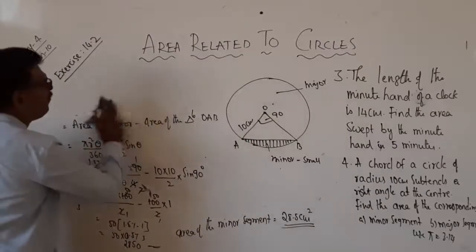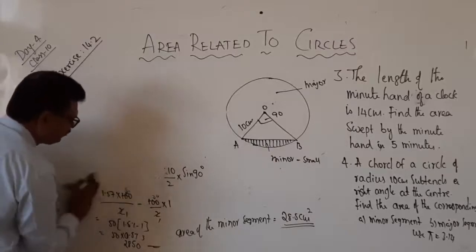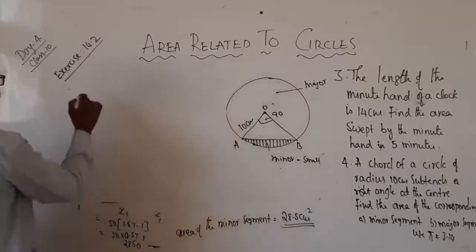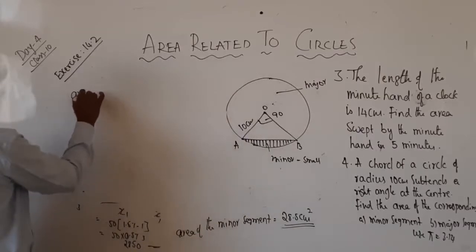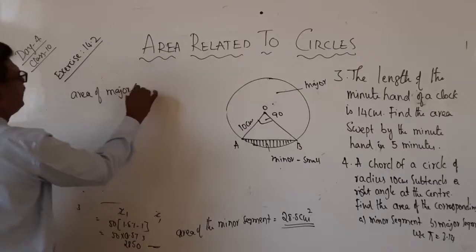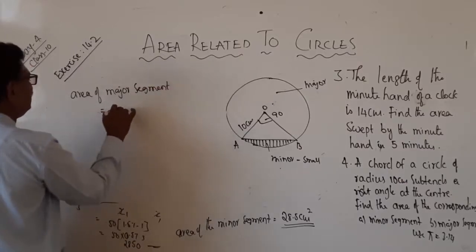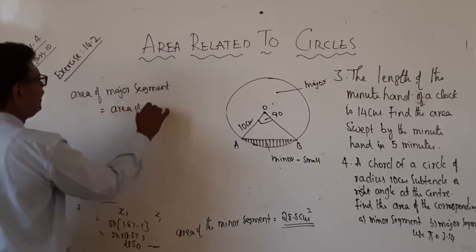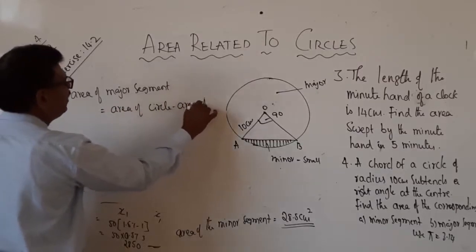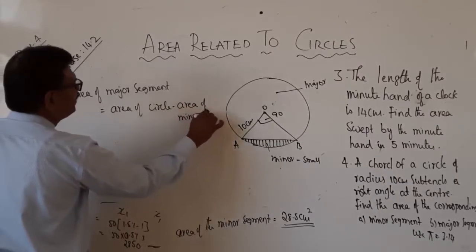Now we have to find out the area of the major segment. Shall we find out? Very, very simple. Now, area of major segment is equal to area of circle minus area of minor segment.